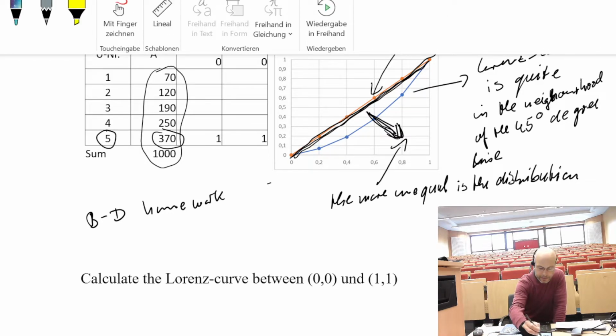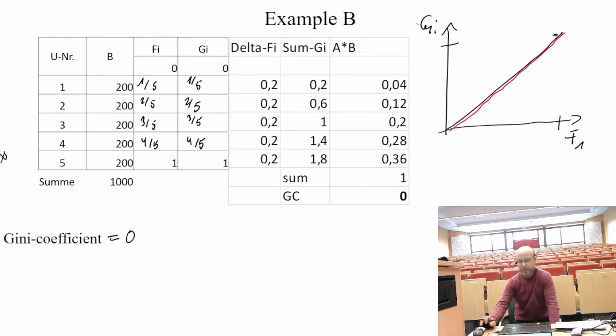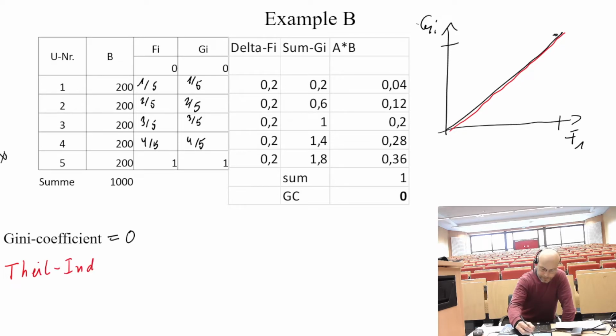Let's do this in red. But let's start with the Theil index of example B. Why do I choose example B?